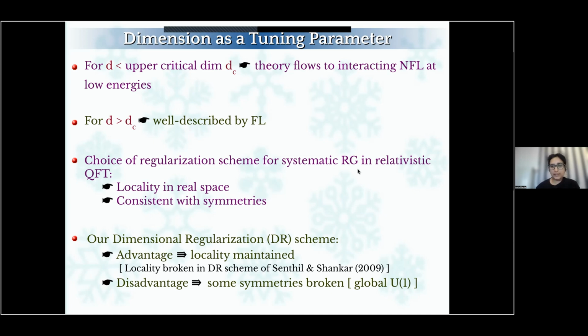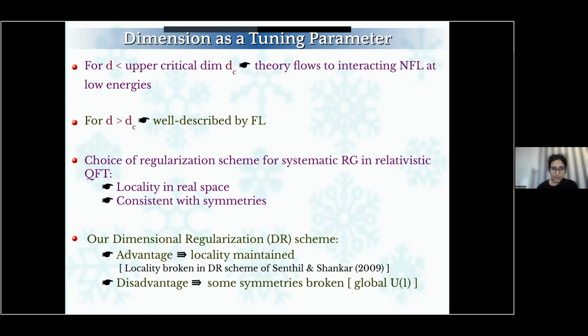Now, when we choose a regularization scheme to regularize divergences in the theory, in order to get a systematic renormalization group equation, in relativistic quantum field theory, usually we are careful that we maintain locality in real space, and the effective theory is consistent with the original symmetries of the system. In our dimensional regularization scheme, we have the advantage that we still maintain locality in position space.